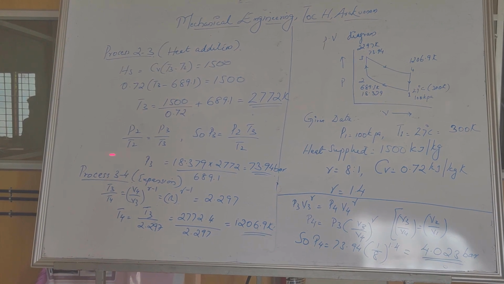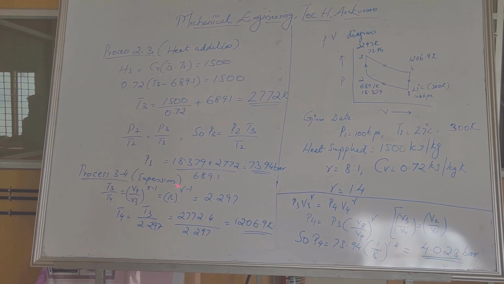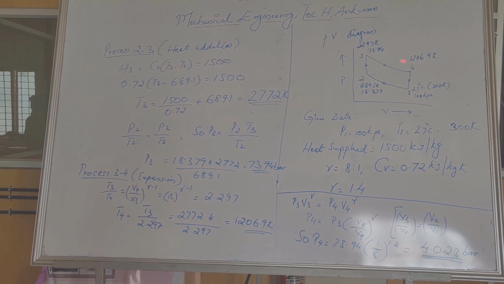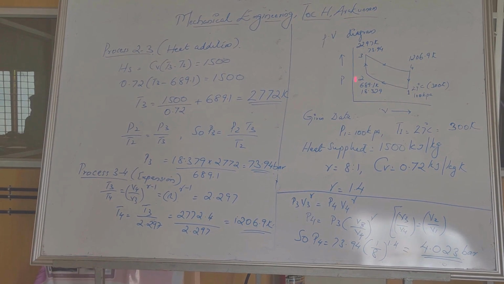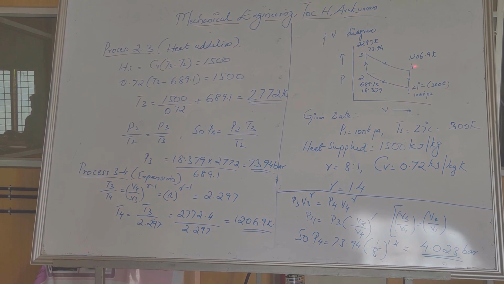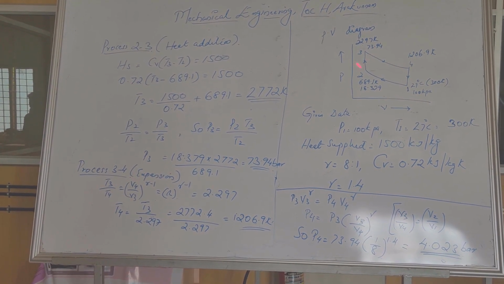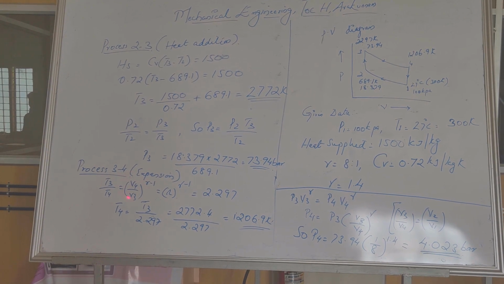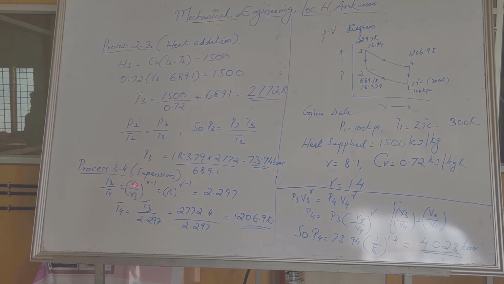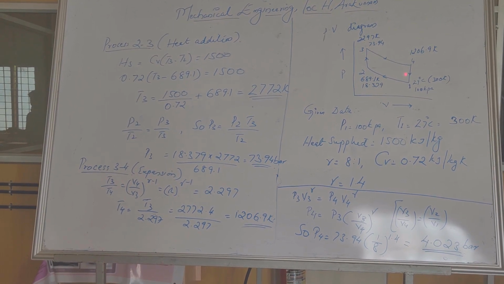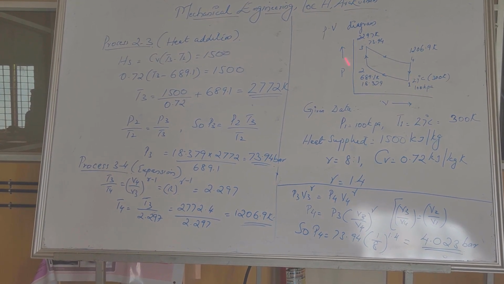Now let us take process 3 to 4, the expansion process, and in this you know that T3 by T4, as T2 by T1 is V2 by V1, same T3 by T4 will be equal to V4 by V3 raised to gamma minus 1. And V4 by V3 is equal to V2 by V1.